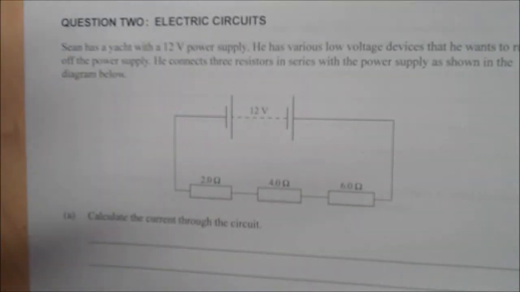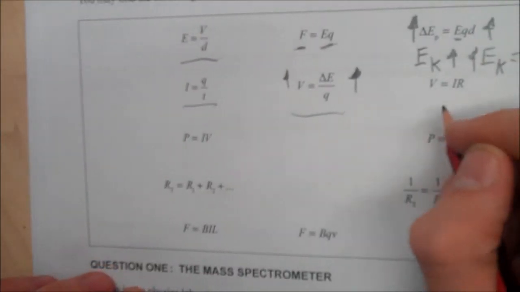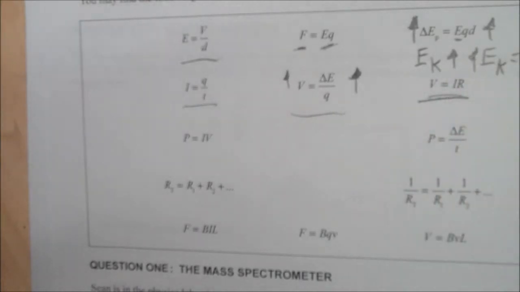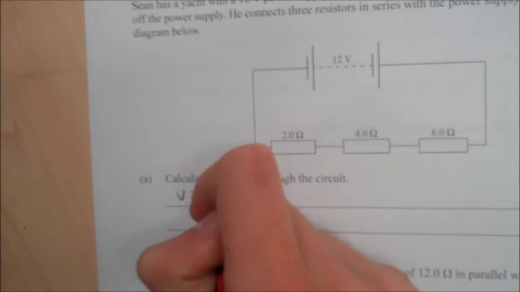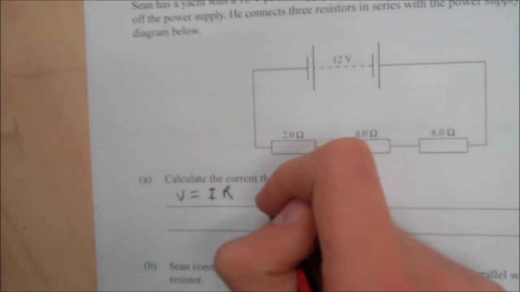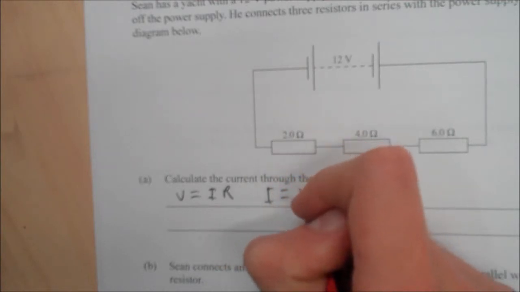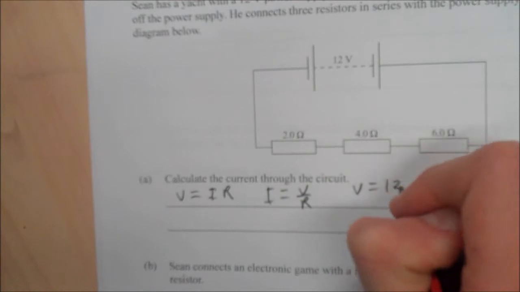So if we look at Ohm's law, I'll just grab the formula sheet. We have here V equals IR, and we can rearrange this. We want to find the current, so I is equal to V over R. We know the voltage is 12 volts.